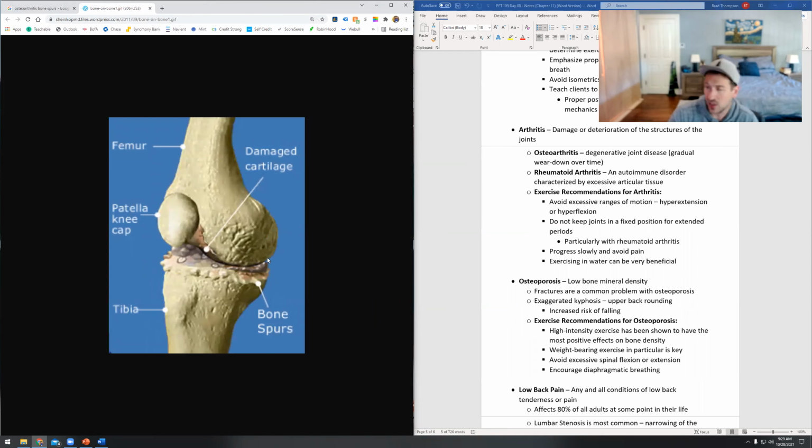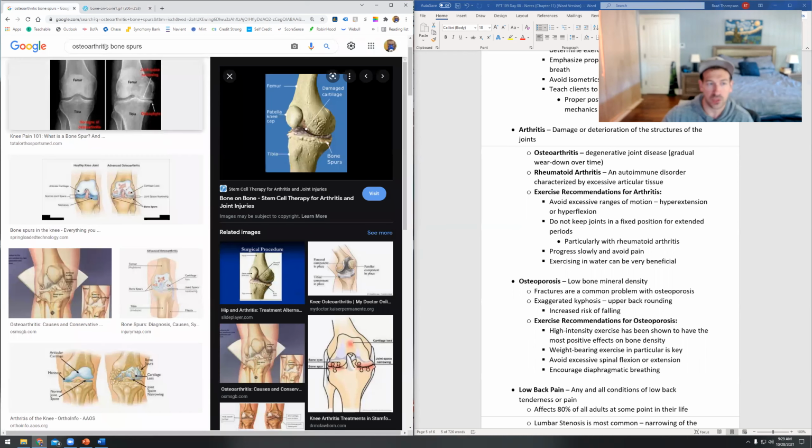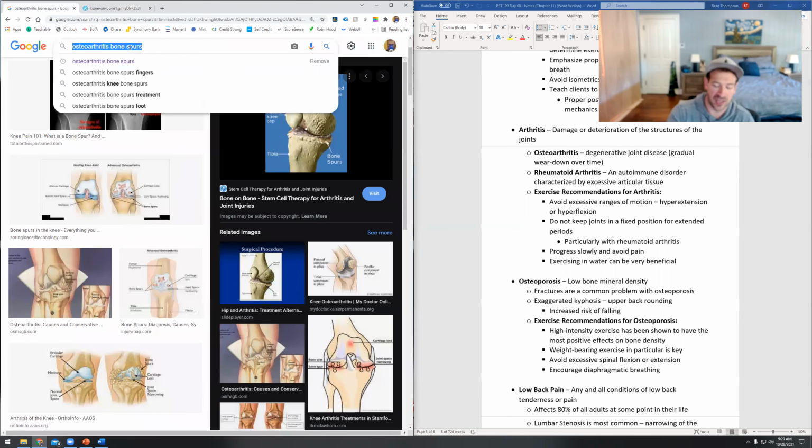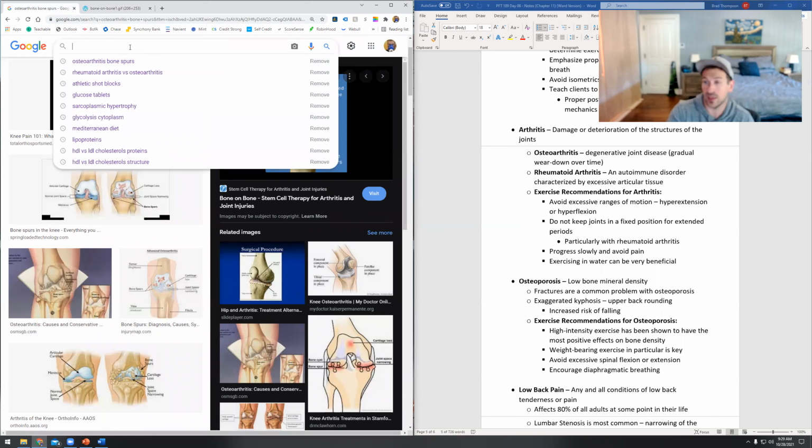With osteoarthritis, we can build up the muscles, and that can hopefully keep some of the pressure off of the joints and help with that arthritis. With rheumatoid arthritis, we can also strengthen the muscles, which can help with general aches and pains. But unfortunately, as an autoimmune disease, rheumatoid arthritis isn't something that we can cure through exercise training.